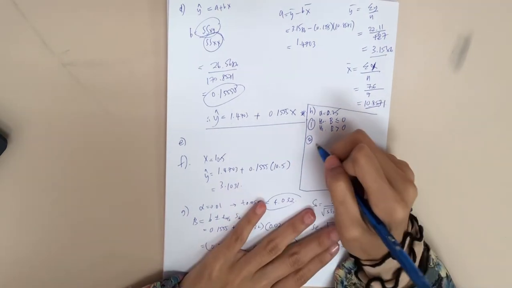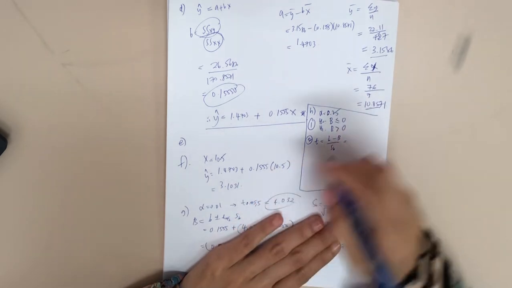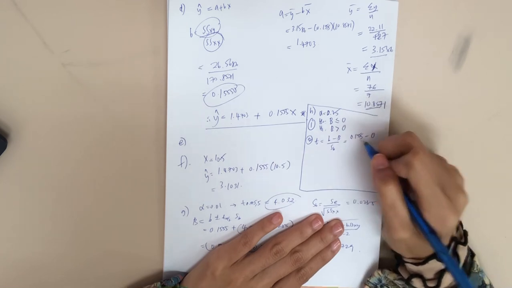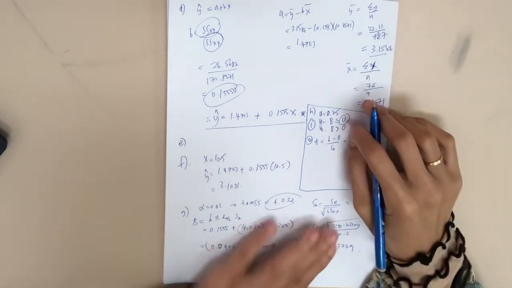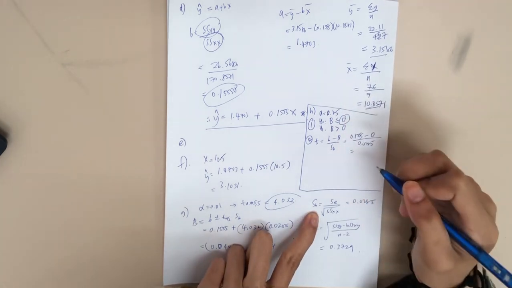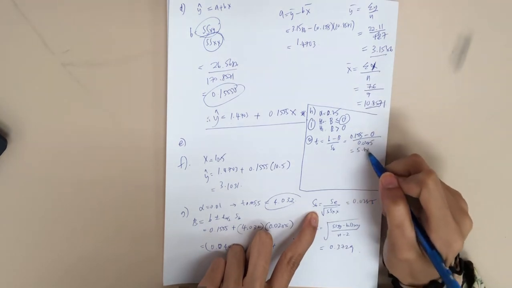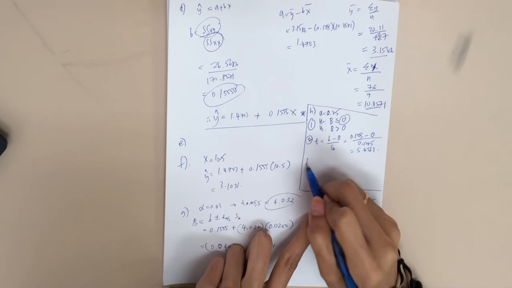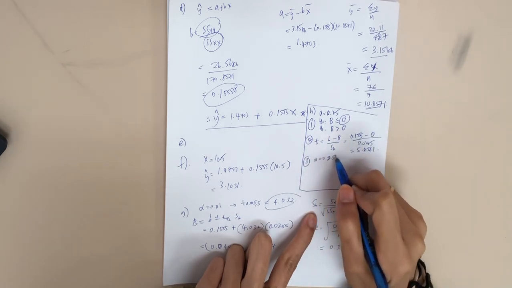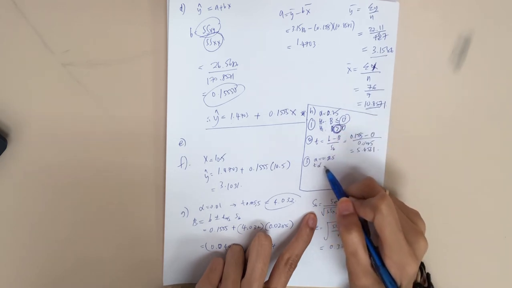Step number 2, you need to find the test statistic. So B minus beta over SB, and B here is 0.1555 minus 0, over SB just now, 0.0285. Therefore, you should get 5.4561. Step number 3, alpha just now is 0.025, and this is one-sided, therefore it's just T alpha.